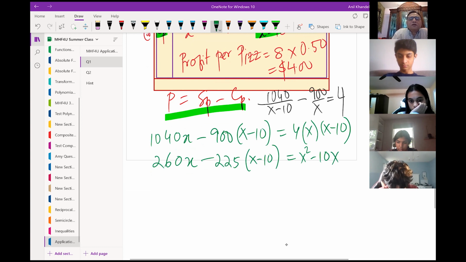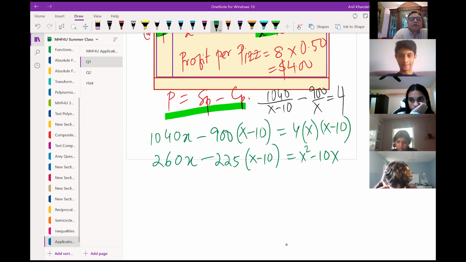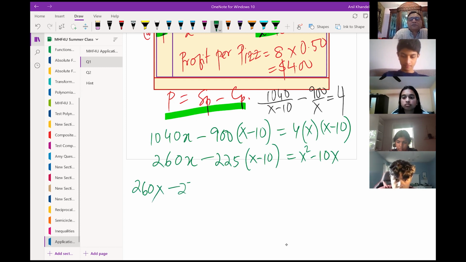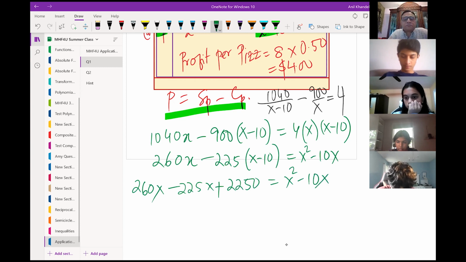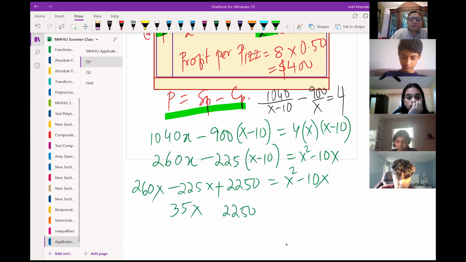Now open this bracket again. So you get, check my calculations also, use the calculator, minus 225x plus 2250 equals x square minus 10x. Okay, combine the terms. 260x minus 225x is how much? 35x, right? And 2250, minus this is plus. x square minus 10x.